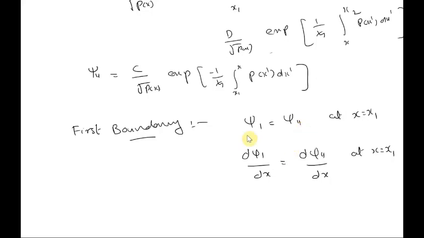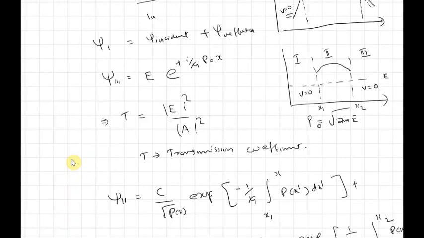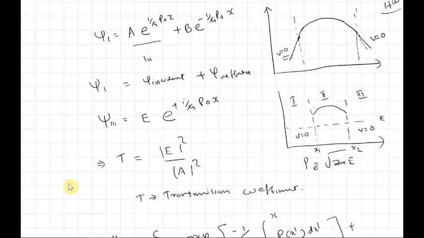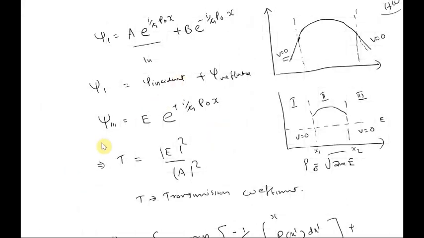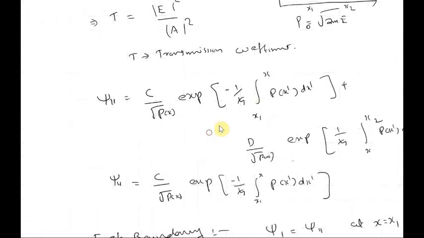So you take our wave function psi1, put the value x1 in that wave function, and that is going to be equal to your second wave function.